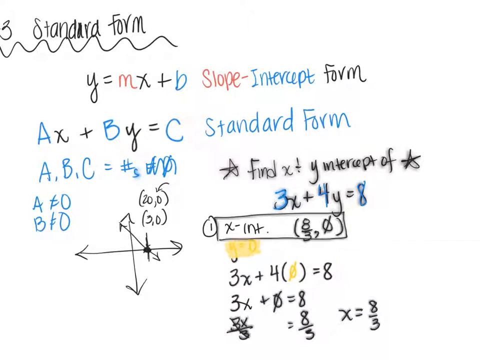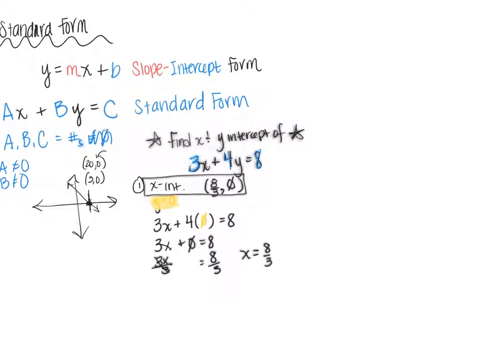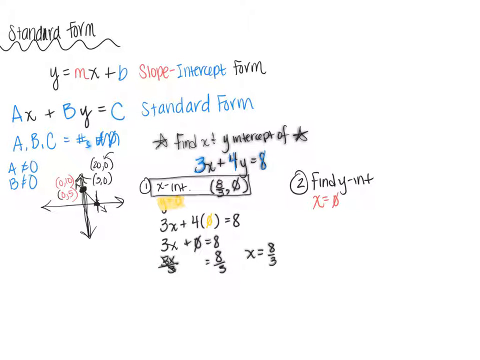All right, let's continue. Let's look at finding my y-intercept. So to find my y-intercept, if I'm thinking back to this graph over here, it's this place. It's where I have some number like 0, 5 or 0, 10. My y-intercept is when my x equals 0. So let's use that and plug that in for x.